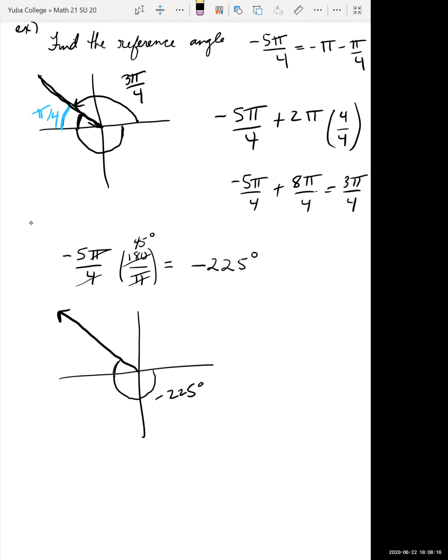The reference angle is always between the terminal side and the closest x-axis piece. So this is 45 degrees. Since we started with radians, we have to convert 45 degrees back to radians. So pi times 45 over 180. 45 goes into 180 4 times, so this is pi fourths.